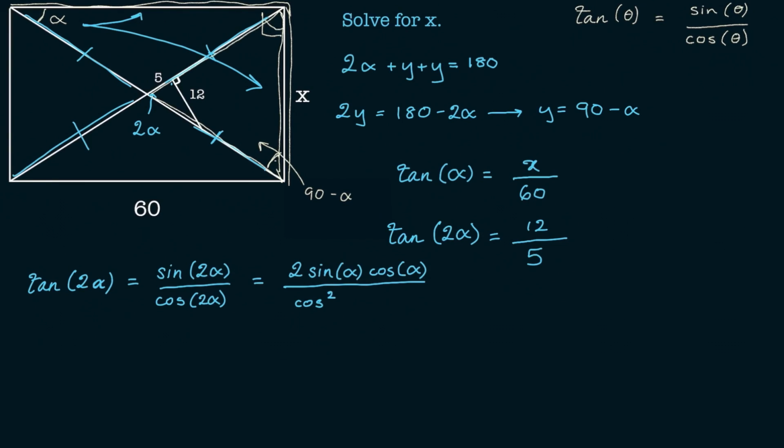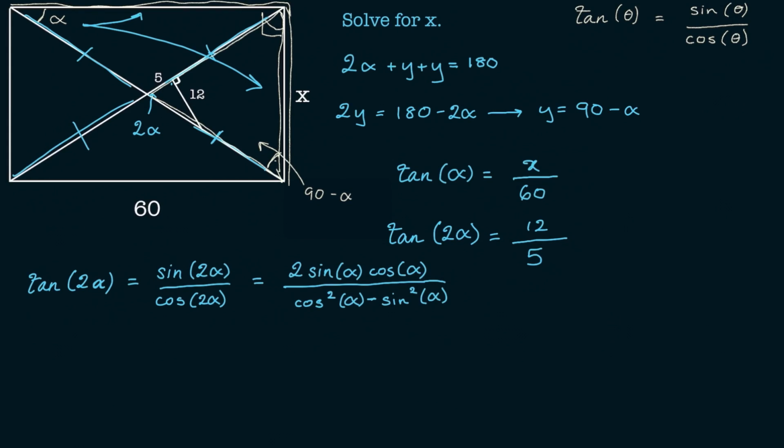Cosine squared of alpha. This just means take the cosine of alpha and then square that, times sine squared, oh, my mistake, it's minus sine squared of alpha.